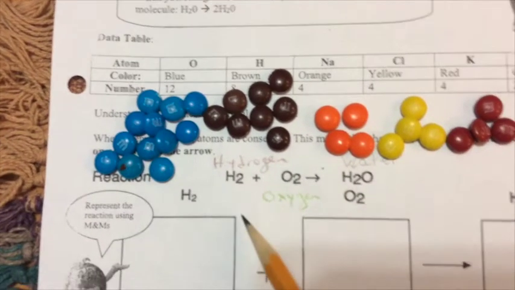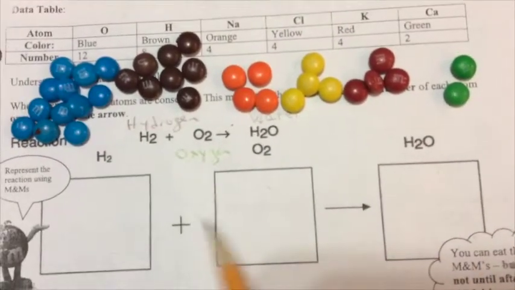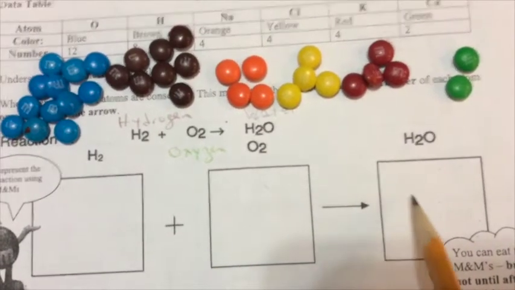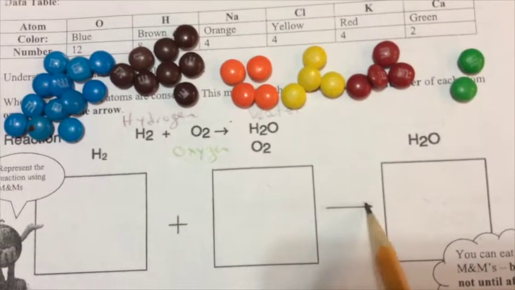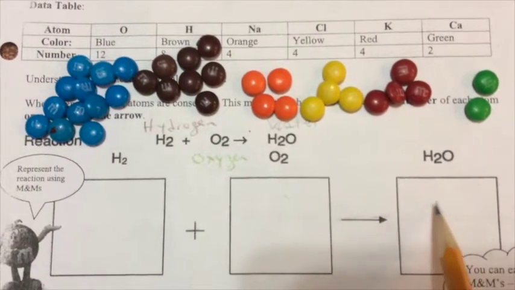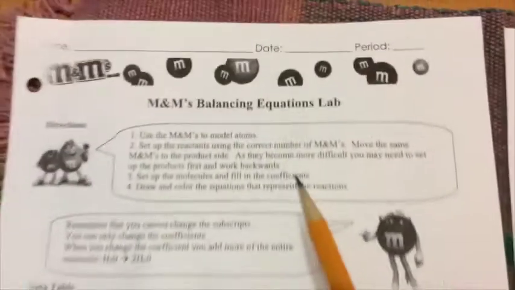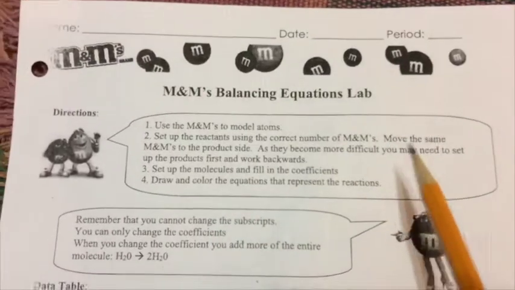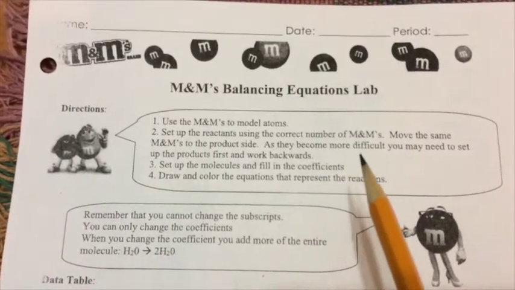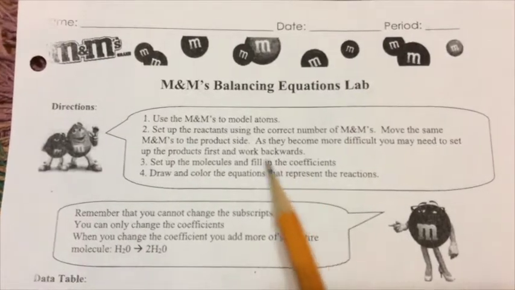A reactant plus a reactant yields a product by some chemical reaction, some kind of change, and you're going to move the M&Ms to this side. It says move the same number of M&Ms to the product side. As they become more difficult, you may need to set up the products first and work backwards.